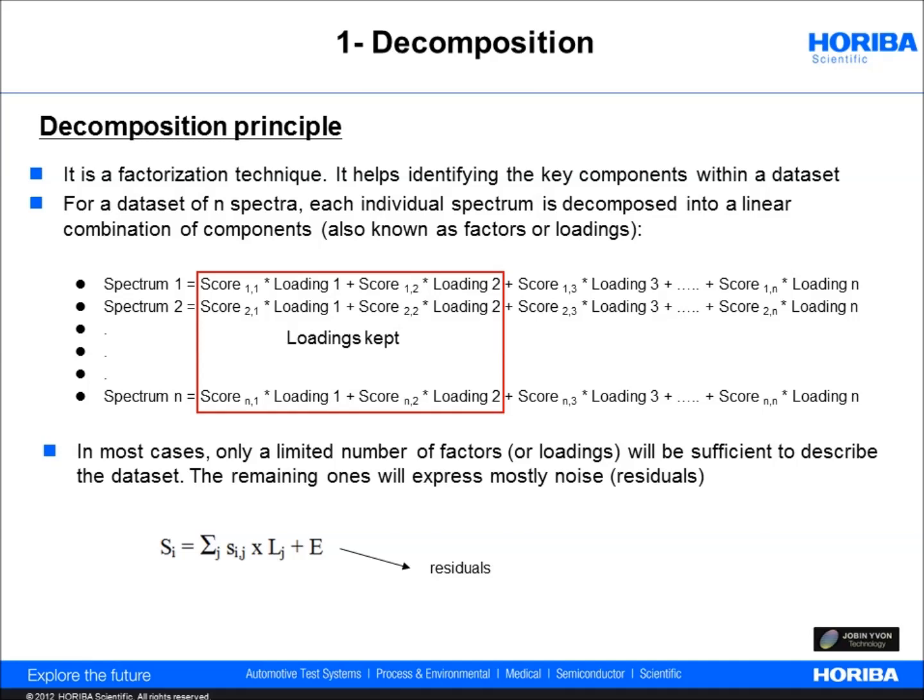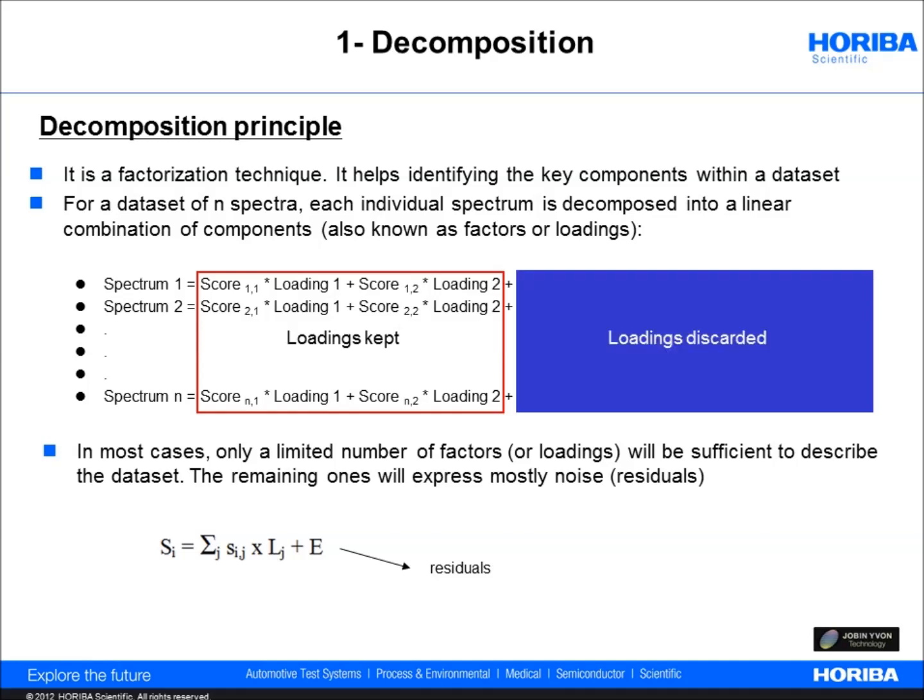The others, expressing mostly noise, will be discarded. It is quite common that successful decomposition of spectroscopic datasets, including hundreds or thousands of spectra, will involve 10 or fewer loadings. This number will depend on the complexity of the dataset.